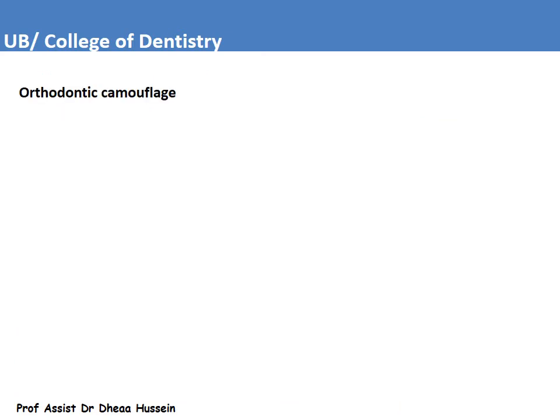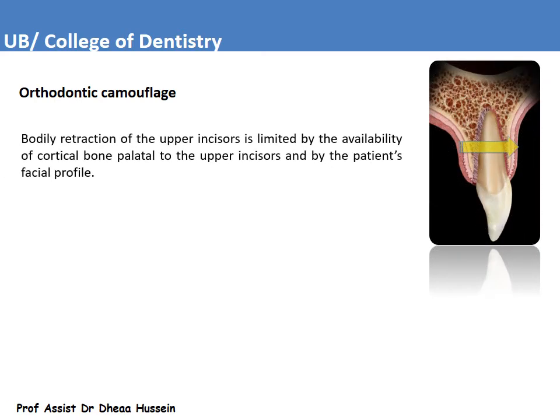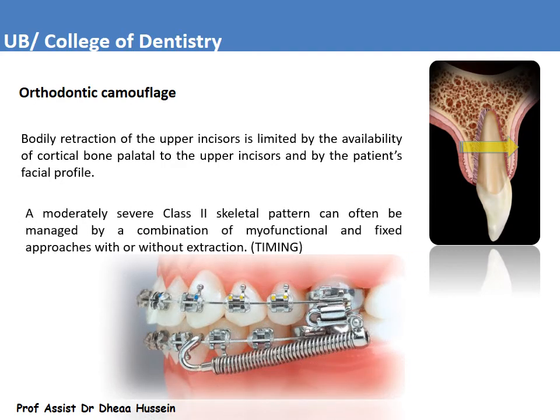The second line of treatment is orthodontic camouflage using fixed or sometimes removable orthodontic appliances, but in complicated cases we need to use a different force system with different torque, and this can be done using fixed appliances. The fixed appliance sometimes can be incorporated with fixed functional appliances, and this is important in order to decrease the time of treatment.